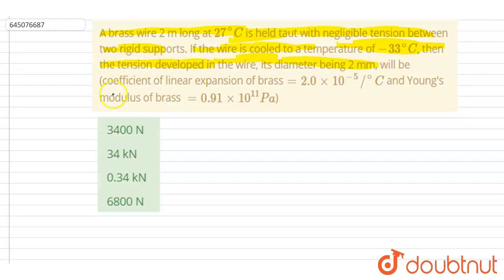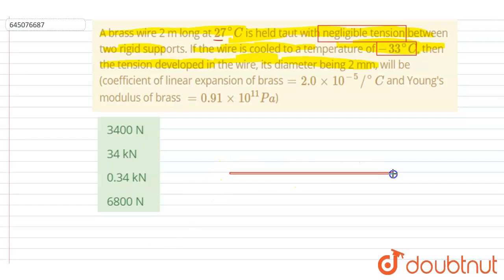So if you see here, when it was at 27 degrees Celsius, the tension was negligible. There was no tension. And when the temperature is changed to this, what will happen? The wire will try to contract.